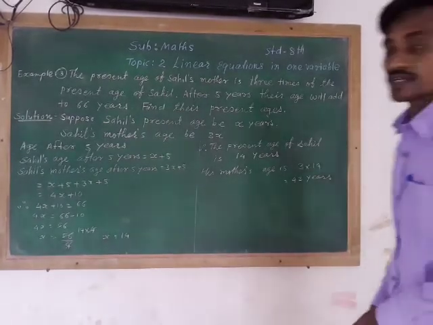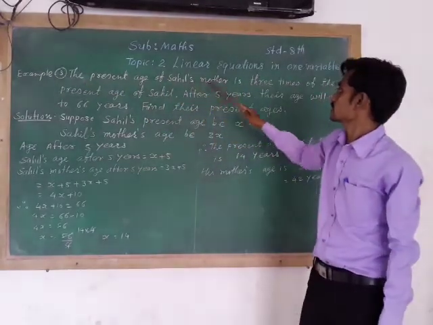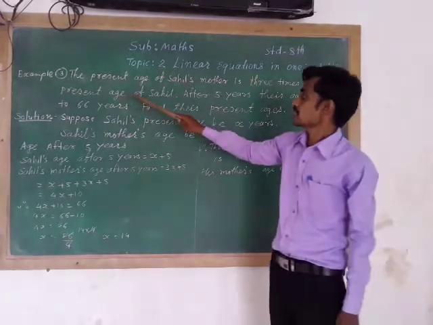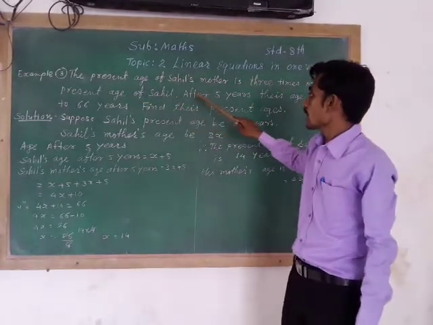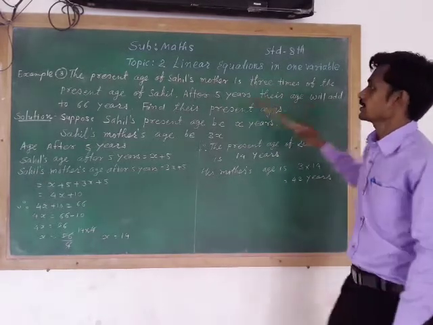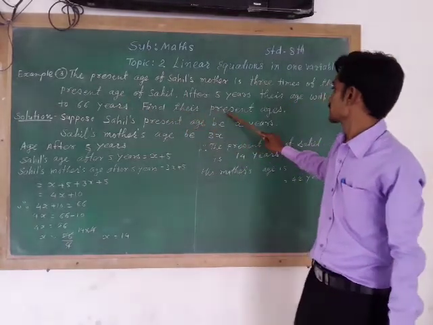Okay, example number 3. The present age of Sahil's mother is 3 times the present age of Sahil. Okay. After 5 years, their ages will add up to 66 years. Okay. Find their present ages.